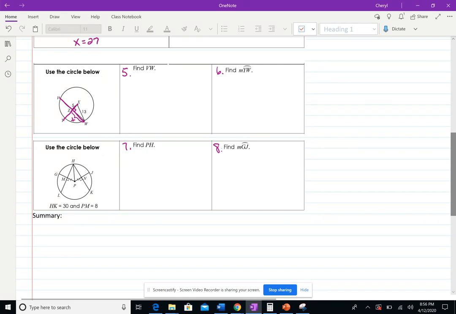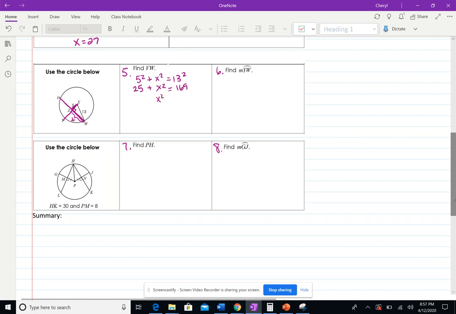They give us a leg and a hypotenuse, and we're going to find the other leg. So 5 squared plus x squared equals 13 squared. 5 squared is 25, plus x squared equals 169.